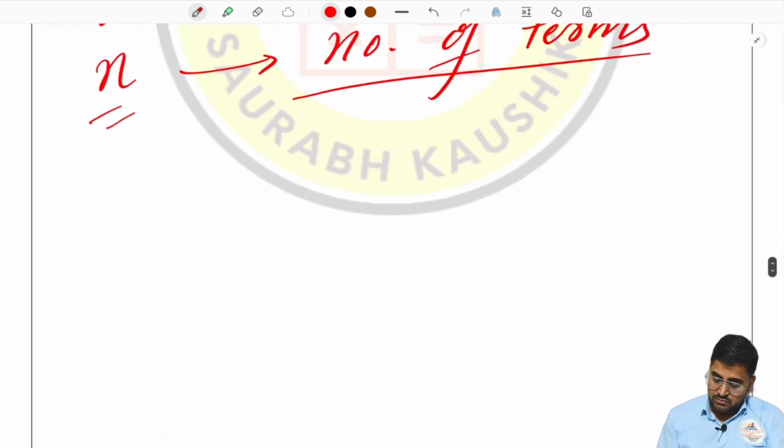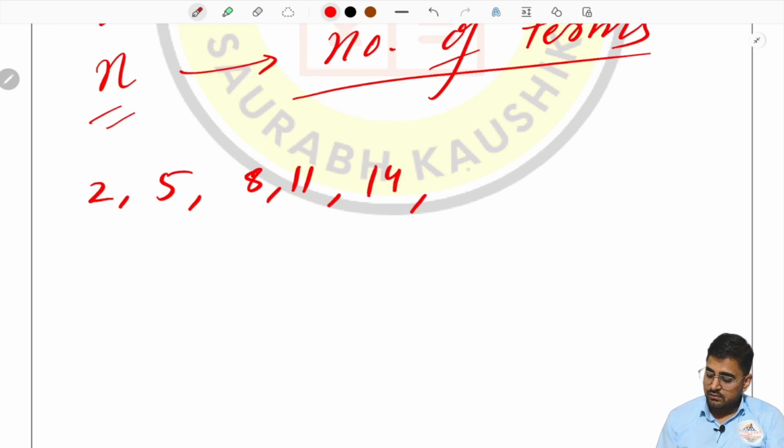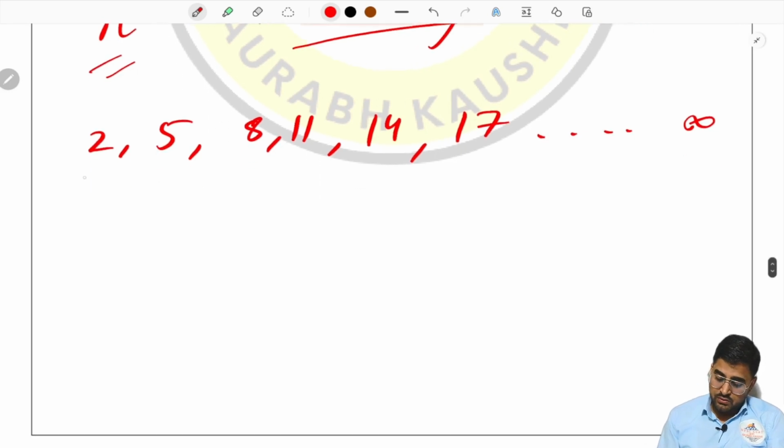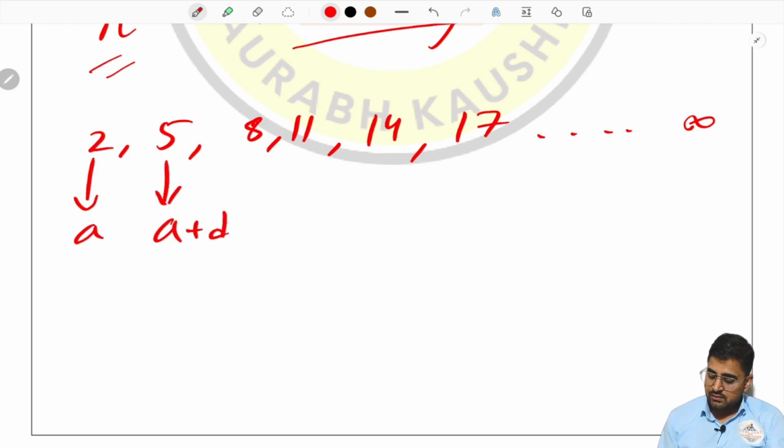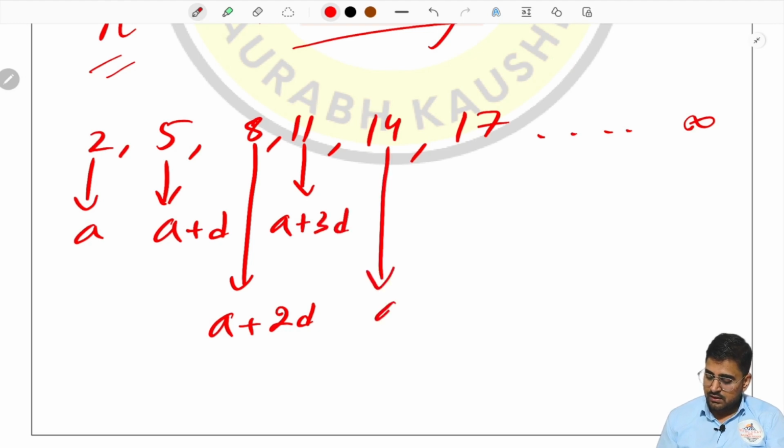So we have taken 2, 5, 8, 11, 14, 17 and so on. Basically, what we have witnessed is that this is a, this is a plus D, this is a plus 2D, this is a plus 3D, this is a plus 4D, this is a plus 5D and so on.